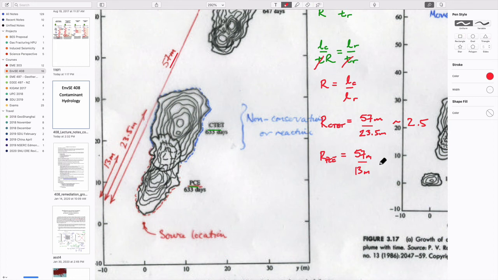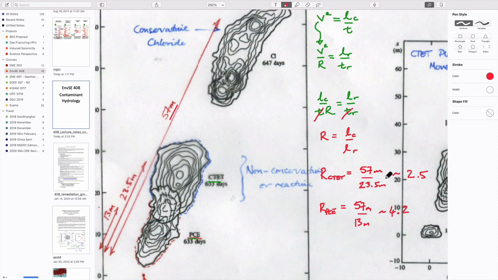So this is about 4.2, of that order. Yeah, that's about right. And so what that allows us to do is get retardation magnitudes from this.